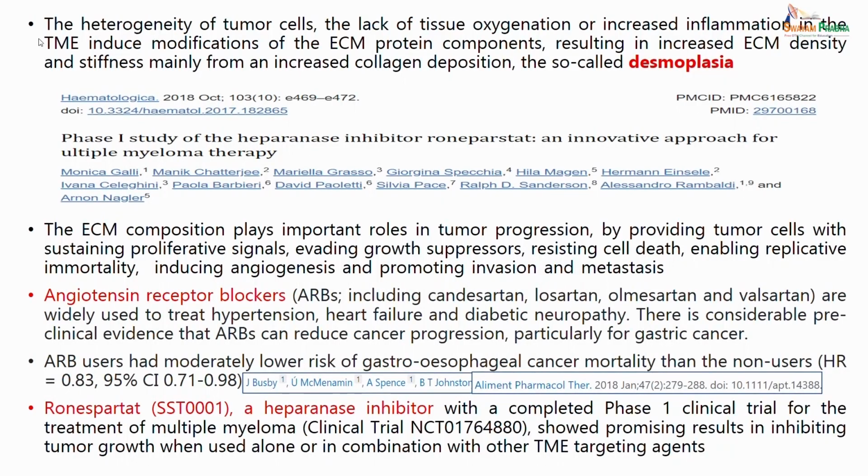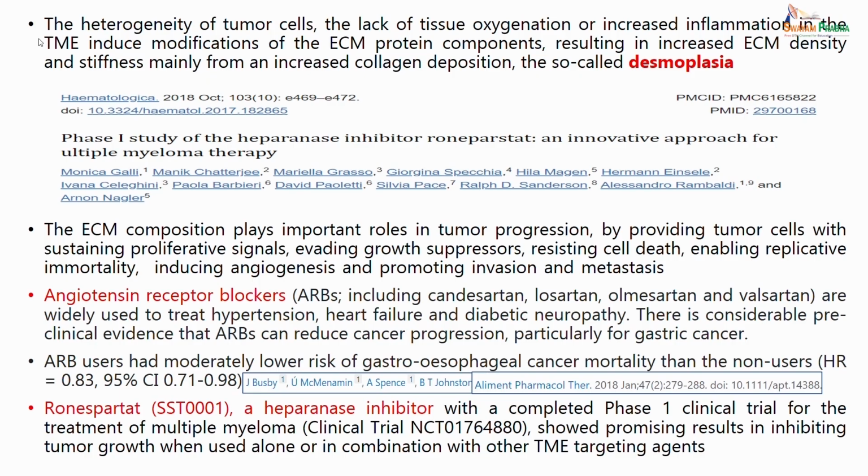The heterogeneity of tumor cells, the lack of tissue oxygenation, or increased inflammation in the TME can induce modifications in the ECM protein components, which can lead to increased ECM density and stiffness, arising mainly from the increased amount of collagen deposition.